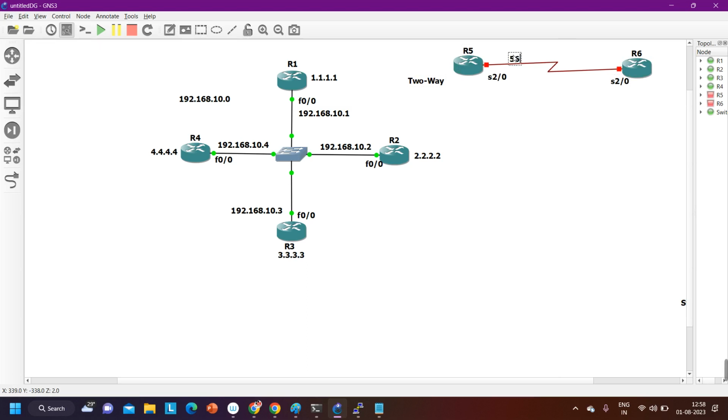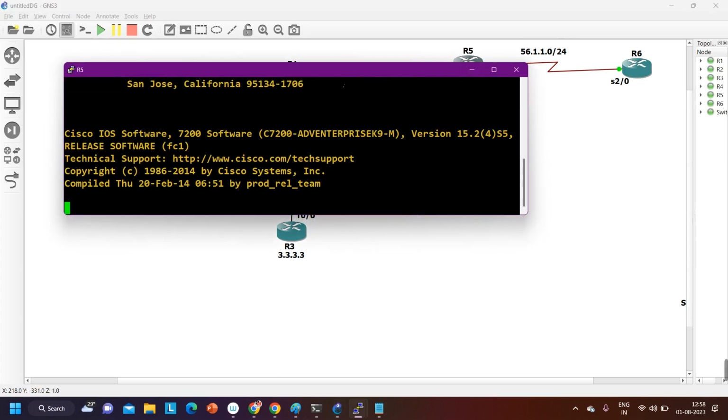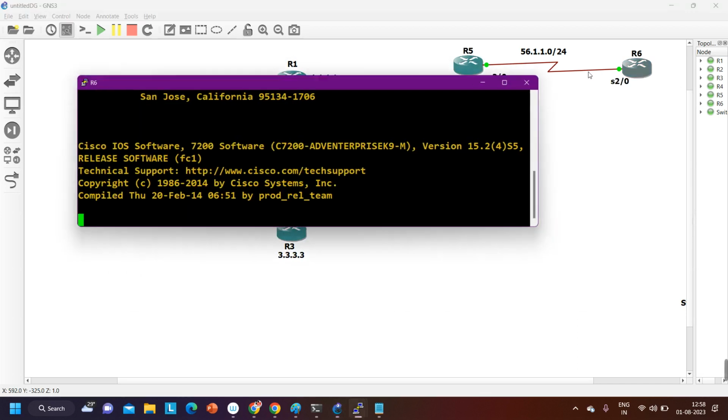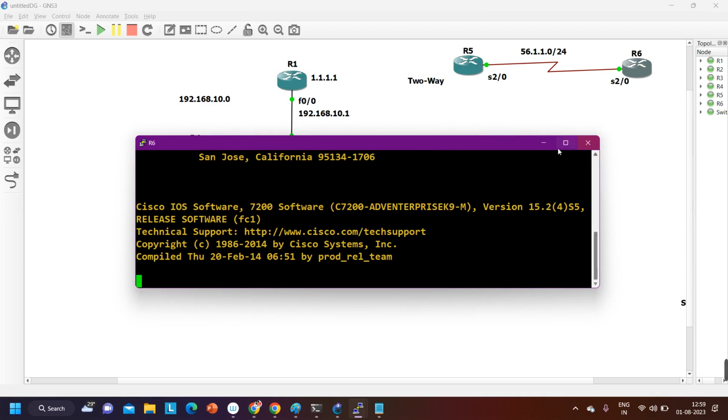Let's say 56.1.1.0/24. Let me configure the IP and OSPF.